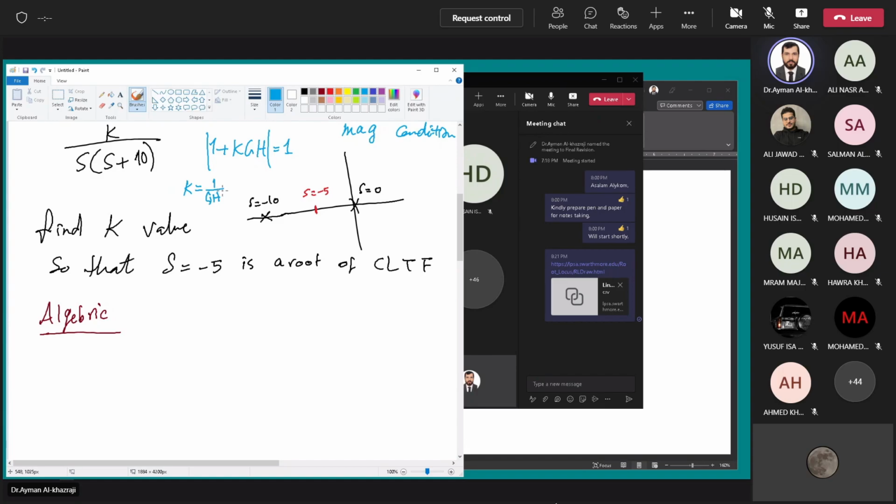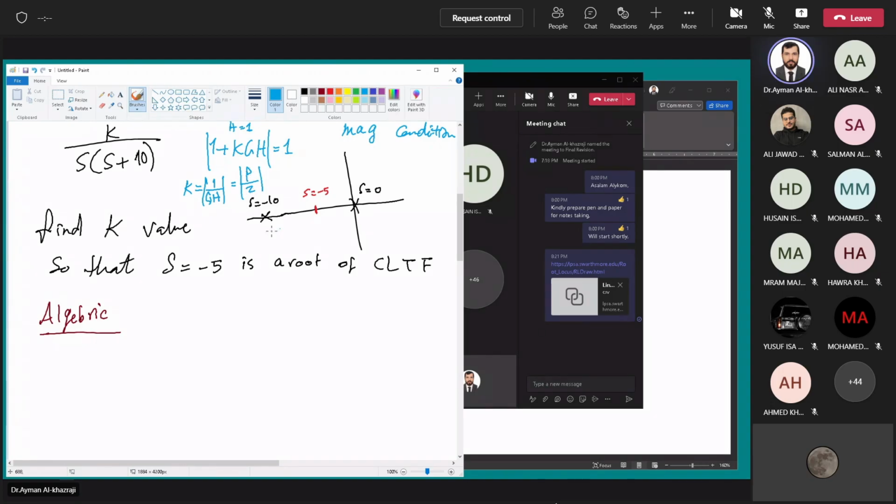Okay, what does this mean? Equal poles over zeros, right? Because h is 1. Here I have h is 1. If h is not mentioned, it is 1. So this is algebraic. Algebraic, what does it mean? Pole over zero. Algebraic means the distance.